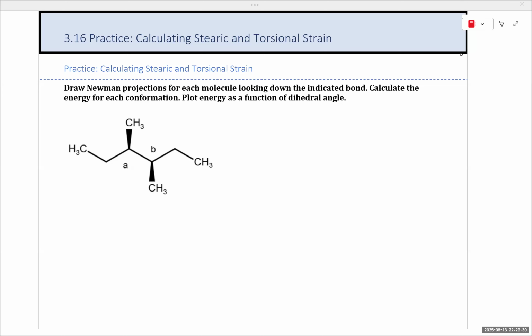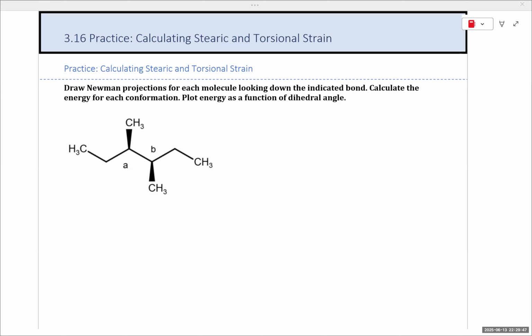Then we're going to calculate the energy for each conformation. From this, we'll be able to generate a plot of energy as a function of dihedral angle, and in turn, identify the lowest and highest energy conformation of a given molecule.